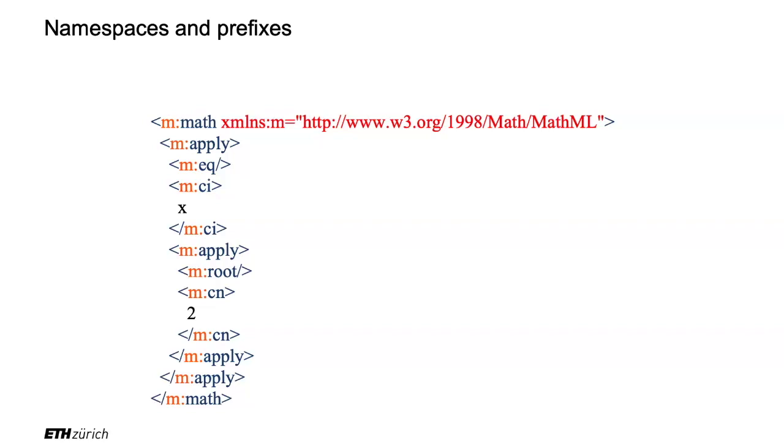It will not work in your browser. It might have a fancy page that has some explanations, but it really has nothing to do with HTTP, right? So don't let yourself be confused by the fact that it starts with HTTP. That's really just a convention, right? The idea here is just that when you create your namespaces, you should only create them in a domain that you own, right?